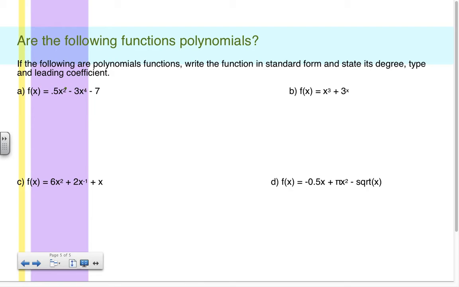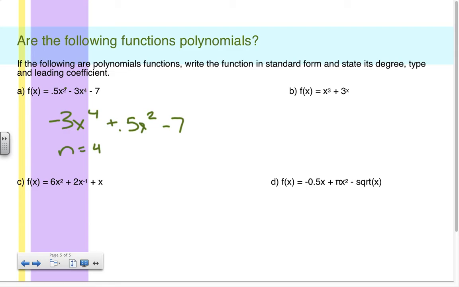To write it in standard form, I'm going to move this around and put the variables in descending order. So what I would end up having is negative 3x to the fourth plus 0.5x squared minus 7. Its degree, or n value, which you'll see a lot, would be 4. That's the highest exponent within the function.